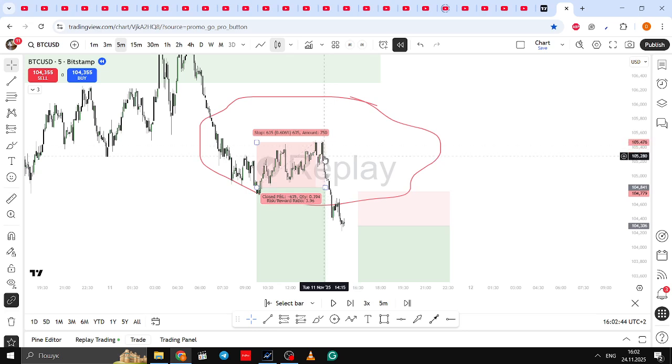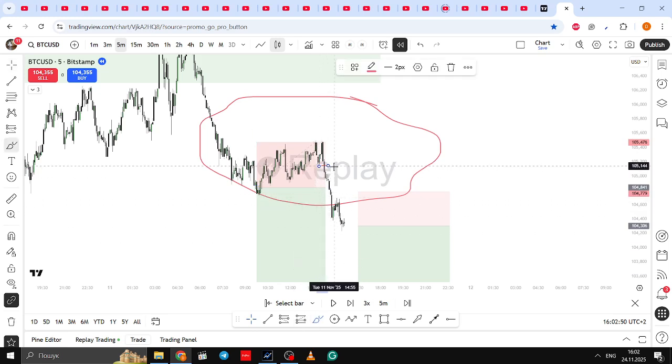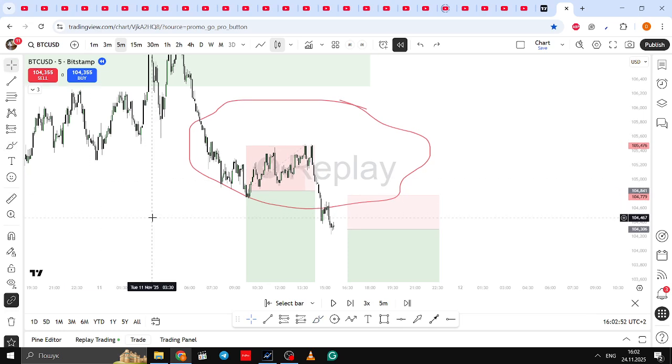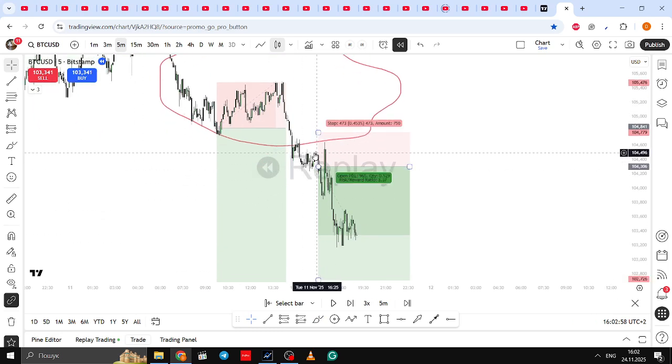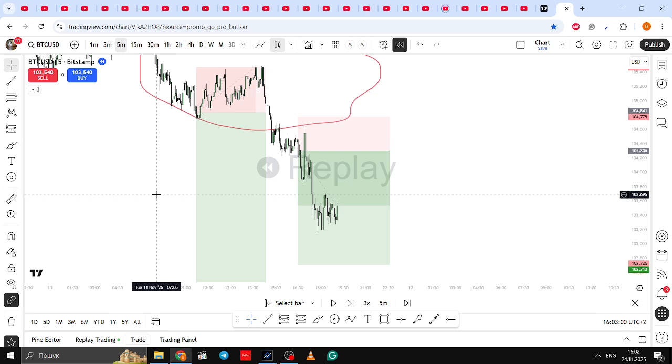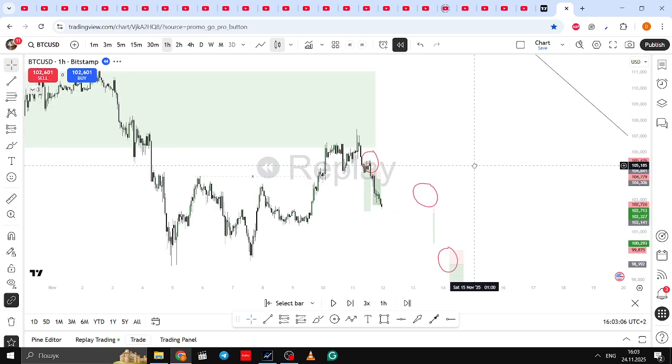Then we just decide there are some other possibilities, like this one, for example, and the next one. So one more ICI here. Again, sweep of liquidity. Move to the target. So this was the first opportunity.